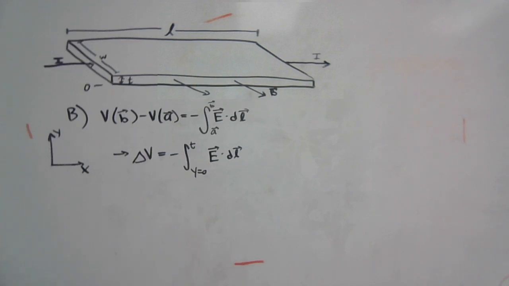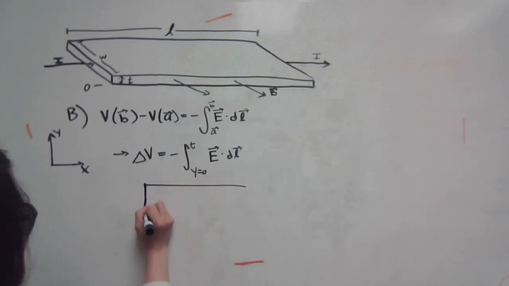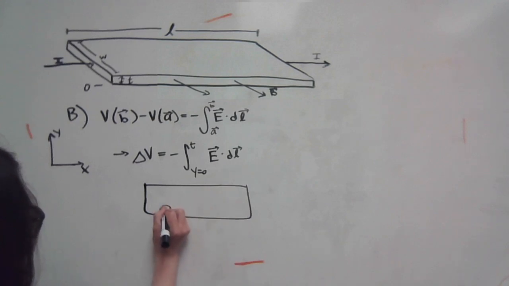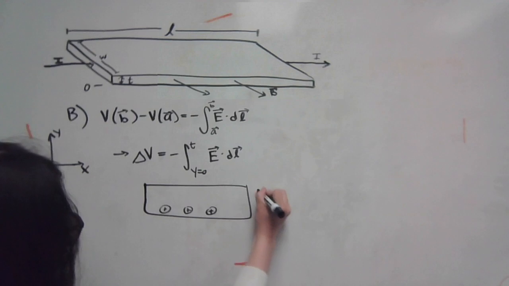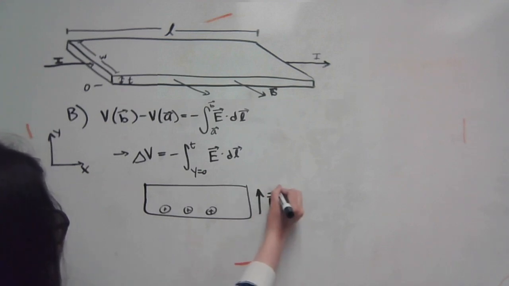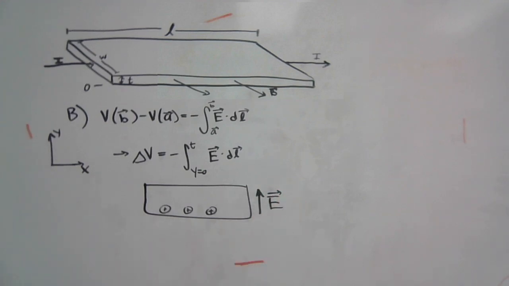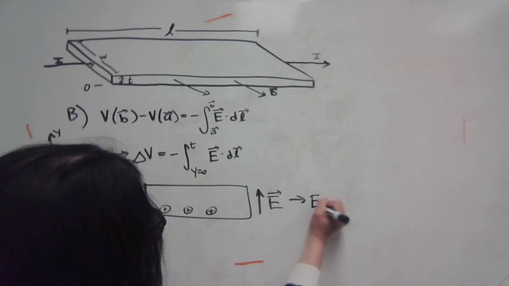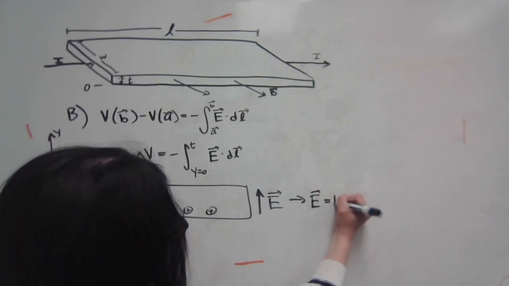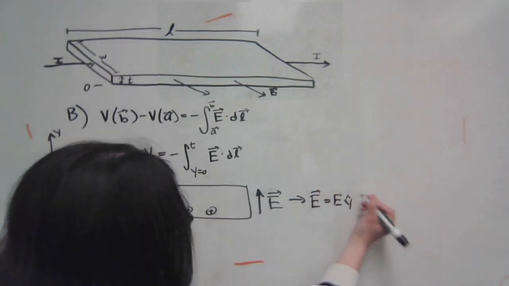Because the positive charges accumulate at the bottom, as shown in the previous question, we would have an electric field pointing in the positive y-hat direction. So from this, we get that E equals E in the y-hat direction.